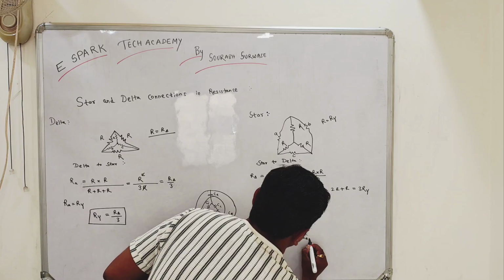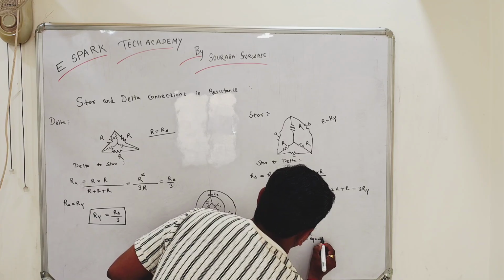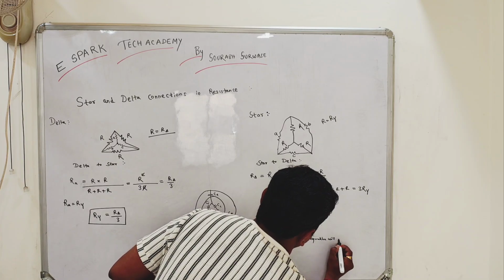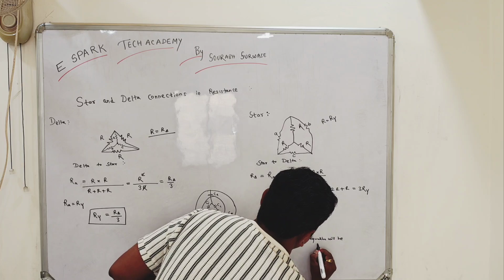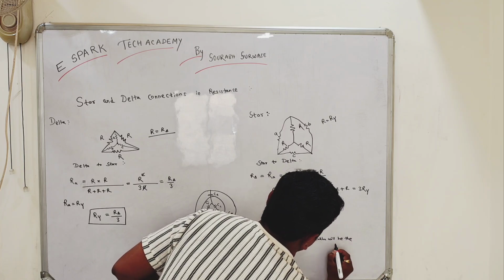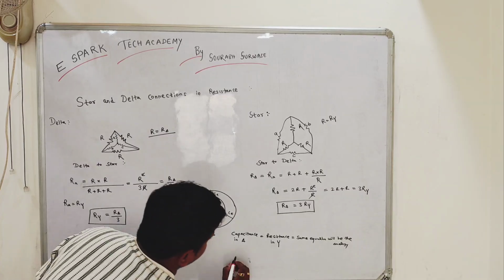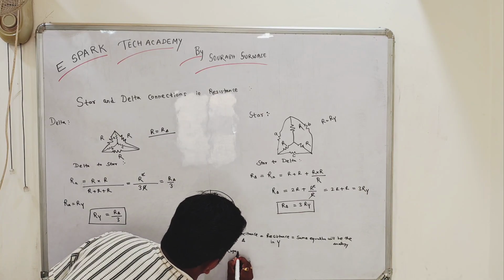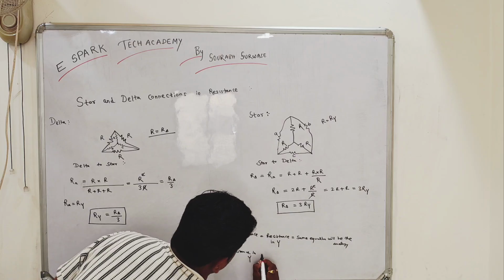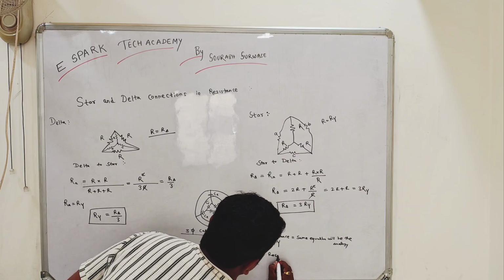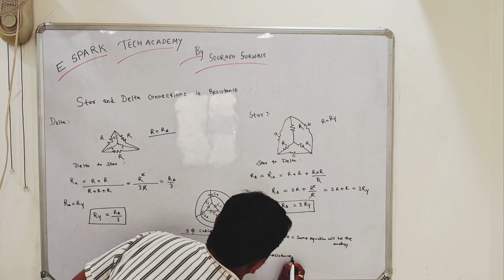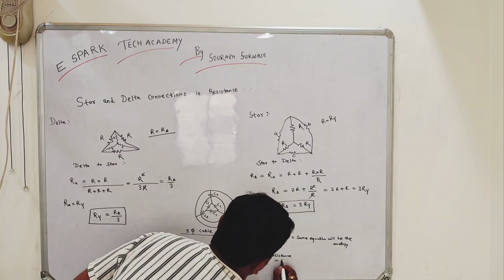The same equations will be an analogy. In the same way, capacitance in star is equal to resistance in delta.